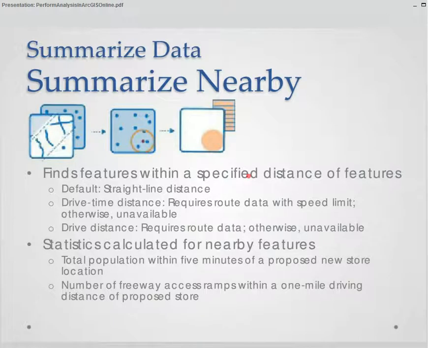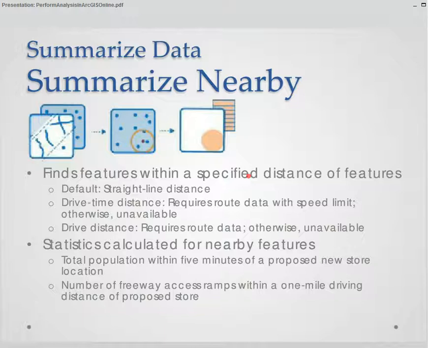Summarize nearby is your second option. You can think of this as sort of a buffer operation, really, because you're trying to find those points or those features that are located within a specified distance of other features. Your default is a straight line distance. You can also get drive time distance or drive distance.